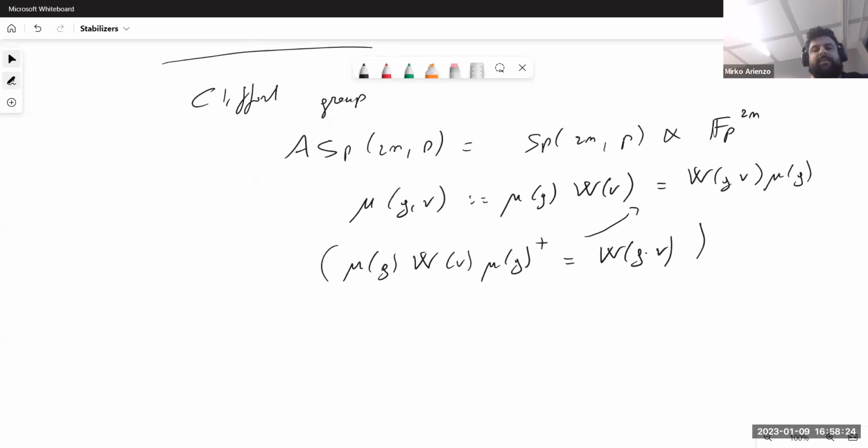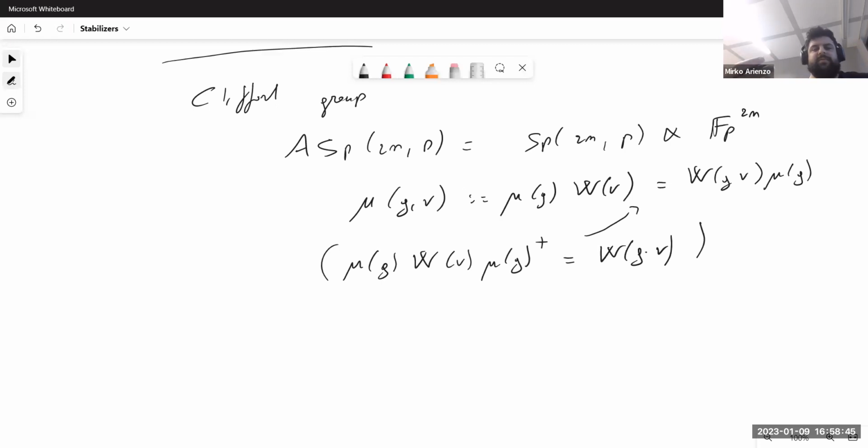But since we have this nice decomposition, what the Clifford group is, is basically the same as the center fixing automorphism group of the Heisenberg group, but now translated at the operator level.